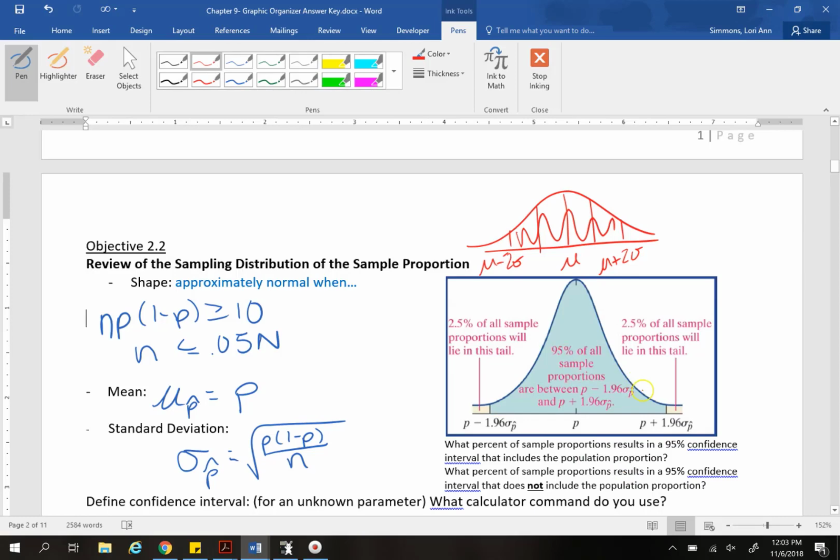So we have 95%. What proportion do we think would cover? That would be 0.95. So then what proportion is not included? What's on the outside as a proportion? 0.05. Or if they're looking for percents, you can say 95% and 5%.